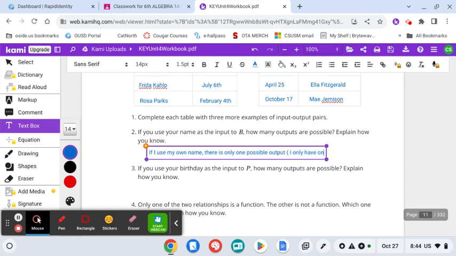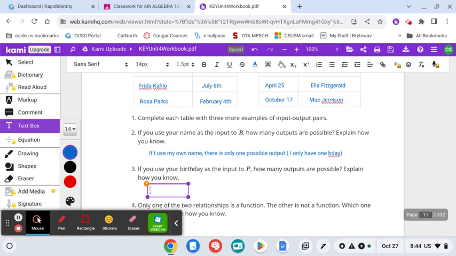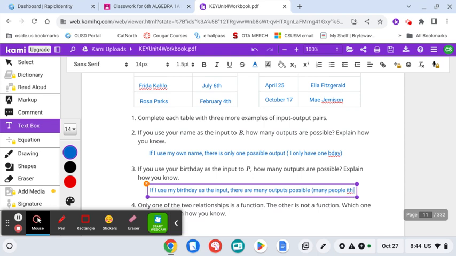I only have one birthday. Darn it, I wish I had more. If you use your birthday as the input, there are many outputs possible, many people with the same birthday as me.